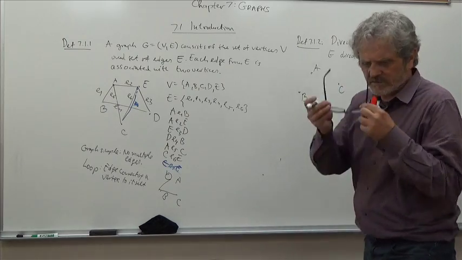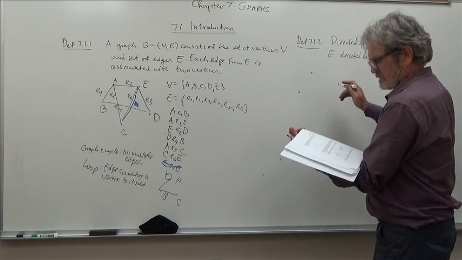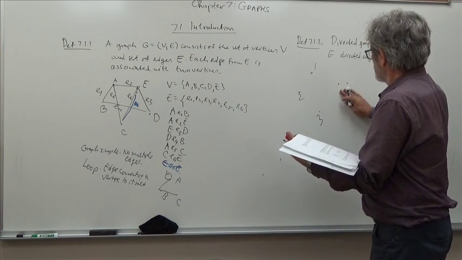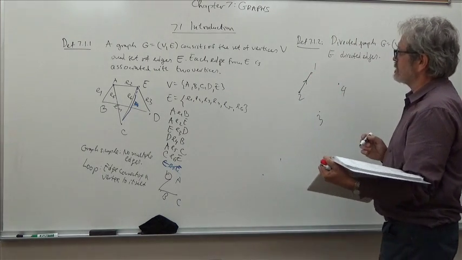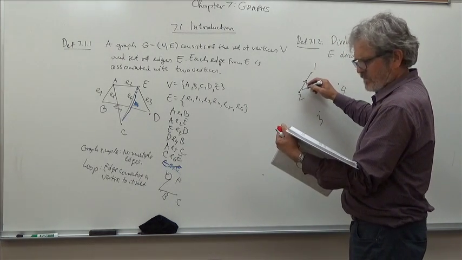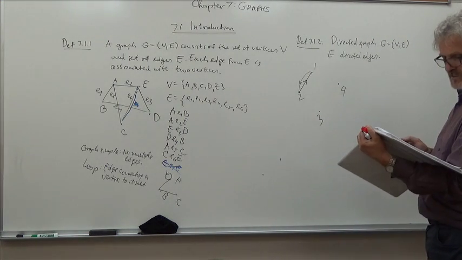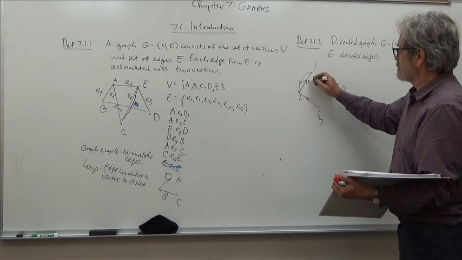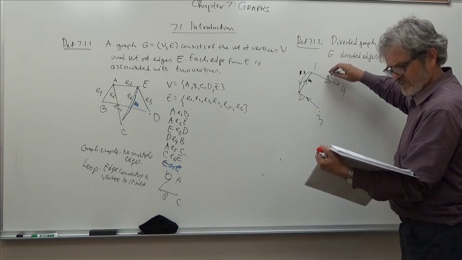Let me keep it the same as in the notes: 1, 2, 3 here, and 4 here. Then we have a connector with an arrow that says the edge goes from 2 to 1, and 1 goes to 2. So they are connected both ways, but 3 is connected to 2 only one way. If this is E1, this is E2, then 1 and 4 are connected this way, and 2 and 4.